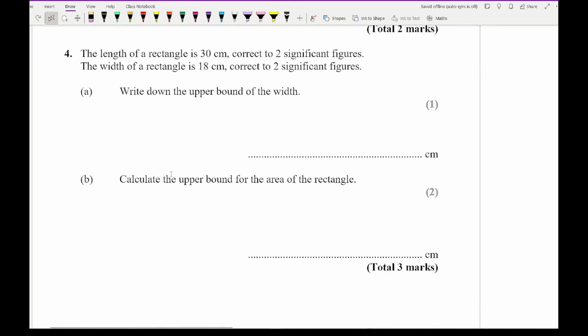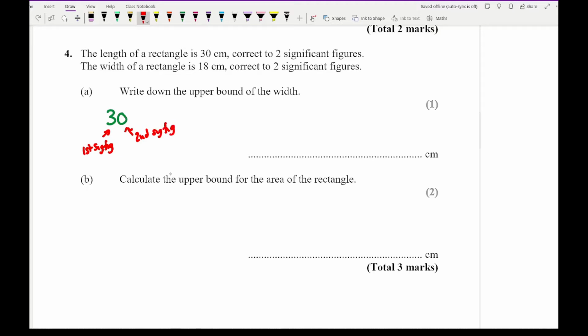For the next question, it says that the length of a rectangle is 30 centimeters, correct to two significant figures. The width of a rectangle is 18 centimeters, correct to two significant figures. Now, with this question, if I look at 30 centimeters, 3 is my first sig fig, and the 0 is my second sig fig.